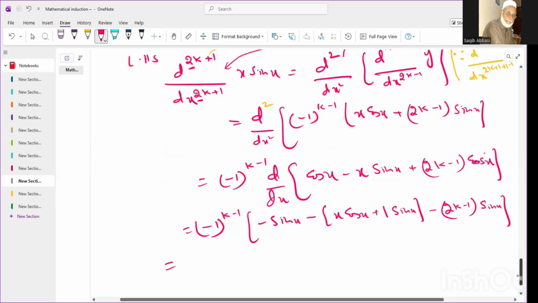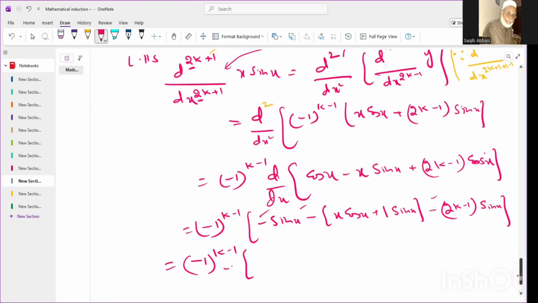Now further going forward, (-1)^(k-1) is there, and here minus is everywhere. This minus will be common at the start. Here sine x is positive, plus x cos x plus sine x, plus 2k sine x, because minus minus cancel and all the values will be positive.